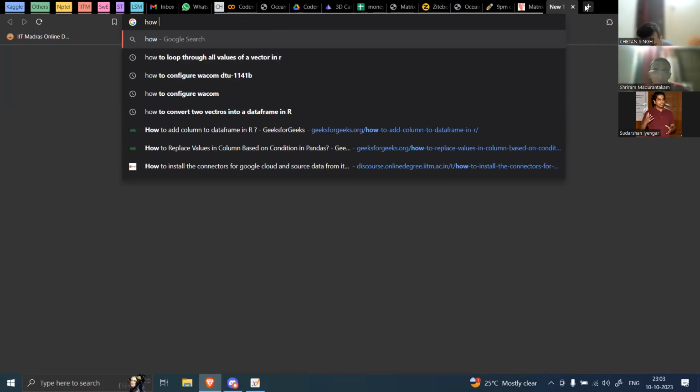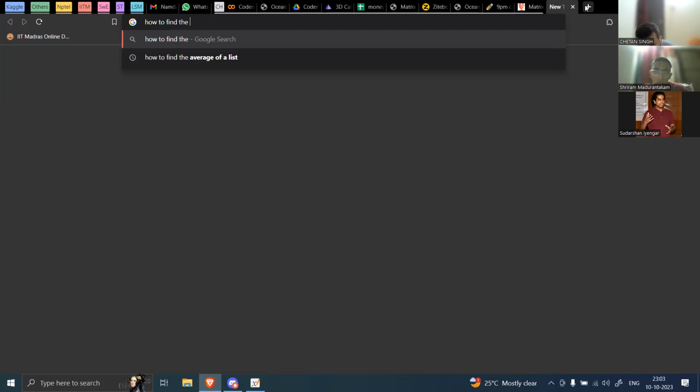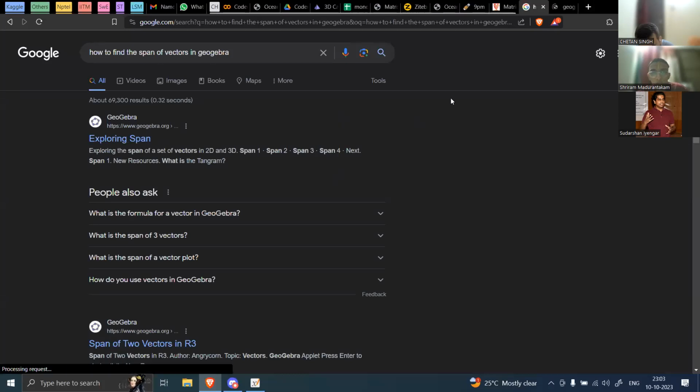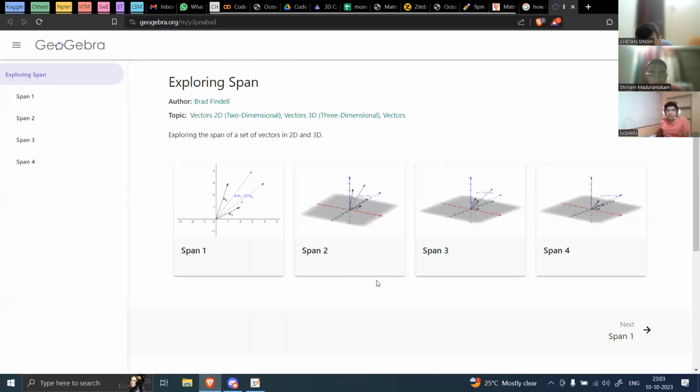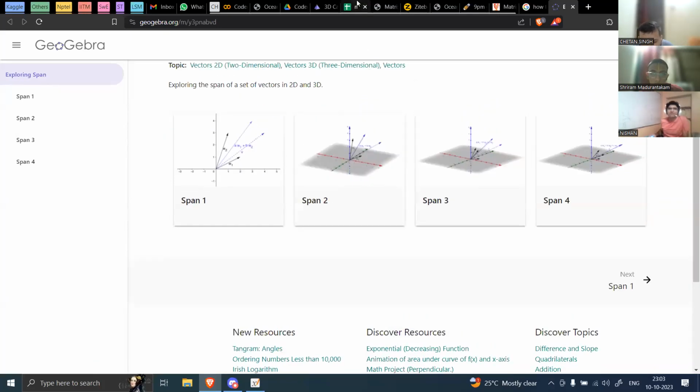Okay, sir. We have got more questions. Why don't you run both the sliders and fix an angle that shows that the resultant is only covering a plane?